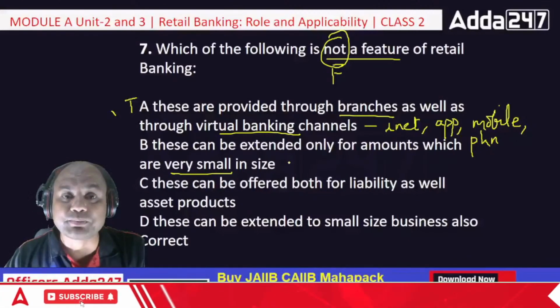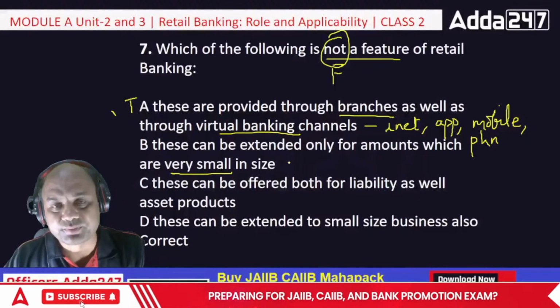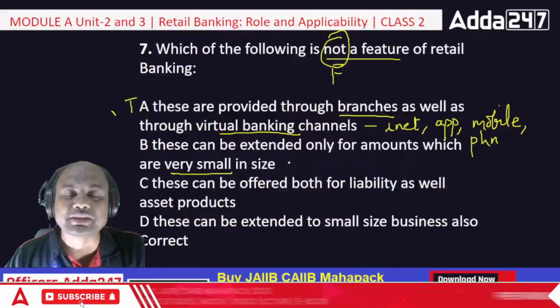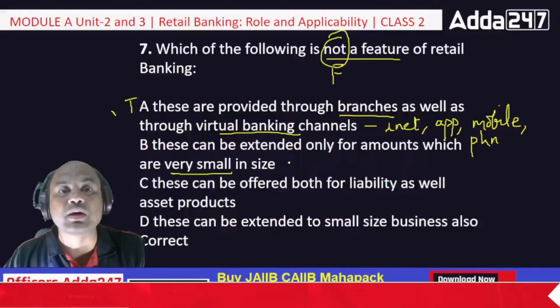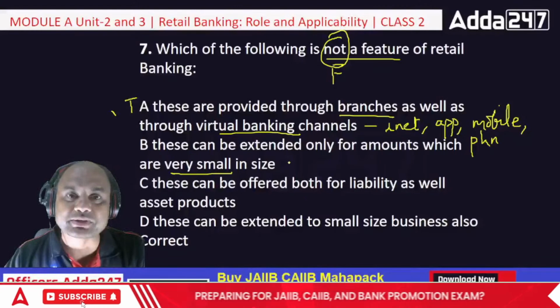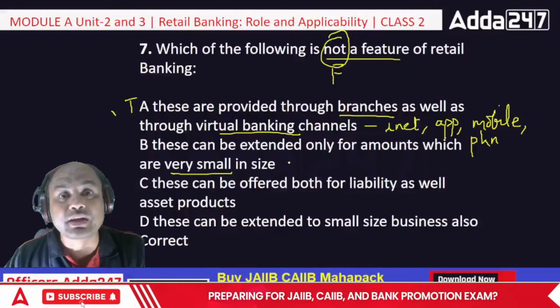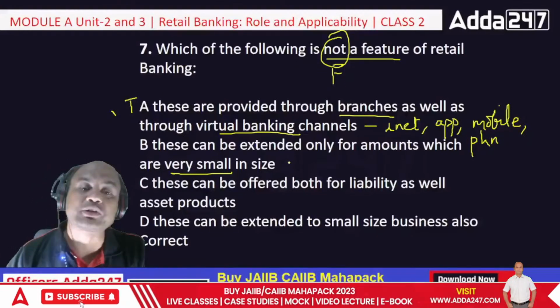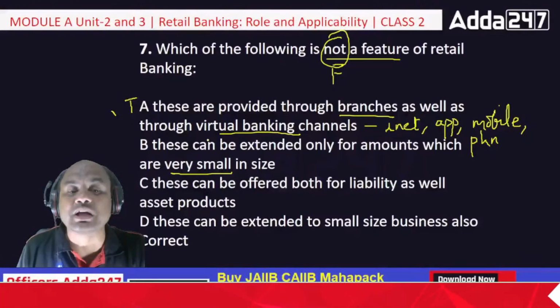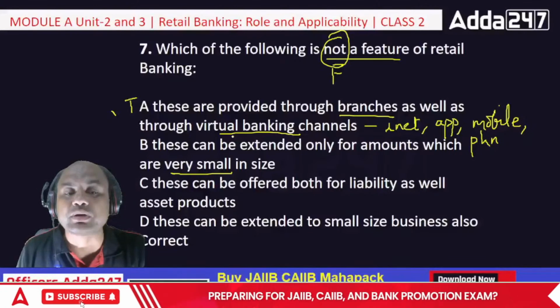Main Mumbai, you forget it. So if I say a house of 1.5 or 2 crores, then the loan will have to be given at least 85%. Then how much does it become? 1 crore 60 lakhs. So that's why retail banking is nowadays not limited to the smaller size. So this is false. Now this can be the answer.